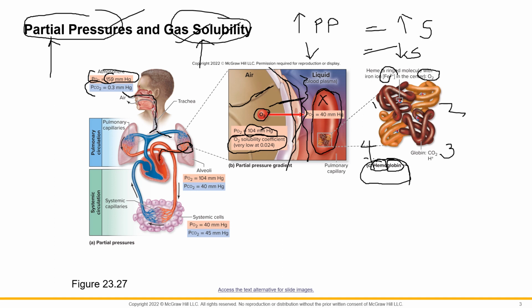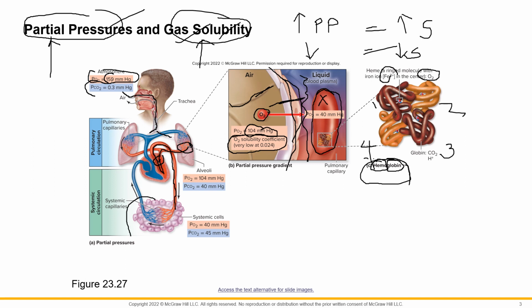From the left atrium, the top chamber of the heart, it is going to move into the left ventricle. From the left ventricle, it is going to enter your aorta and go all through your systemic arteries.